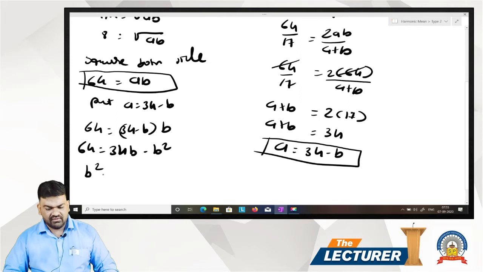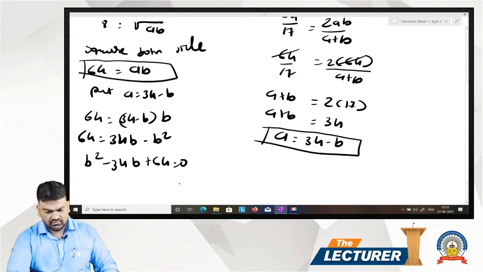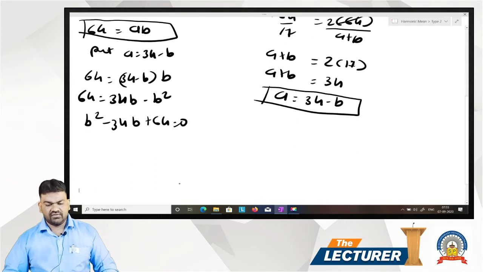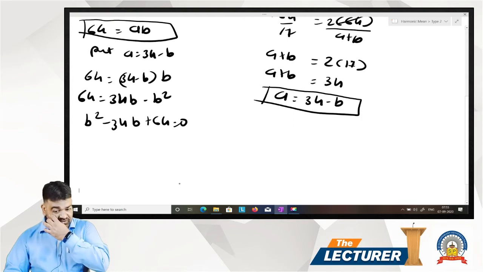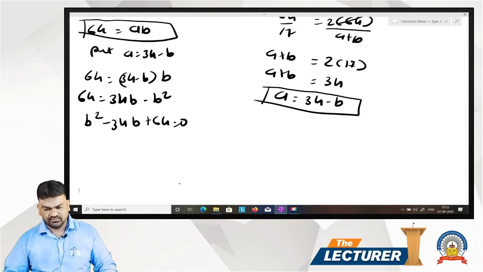So B square minus 34B plus 64 is equal to 0.